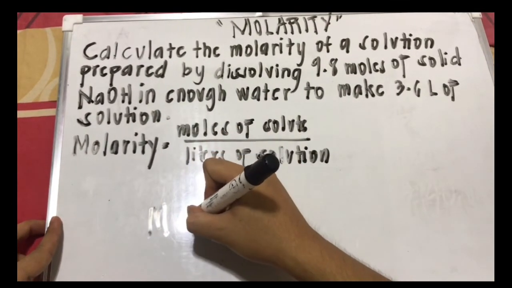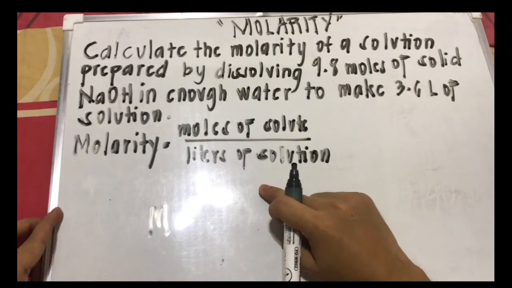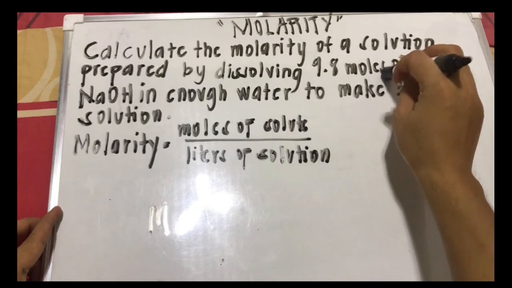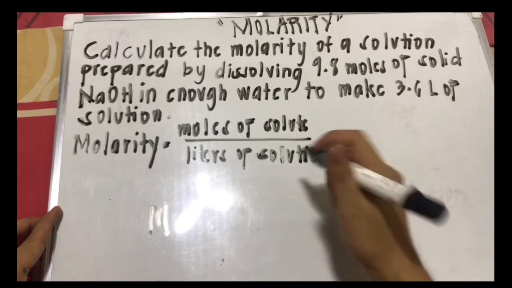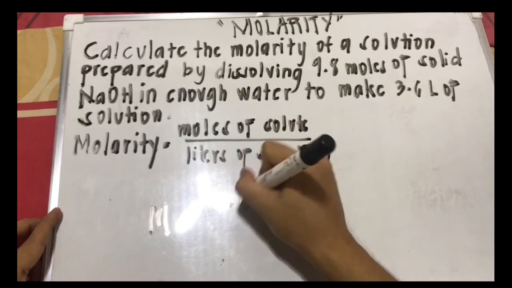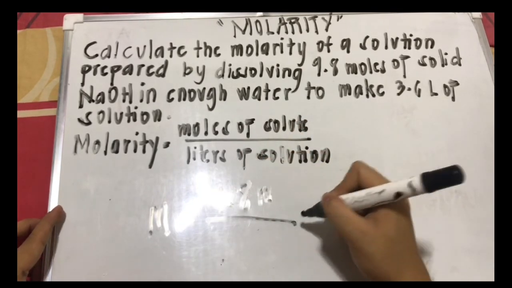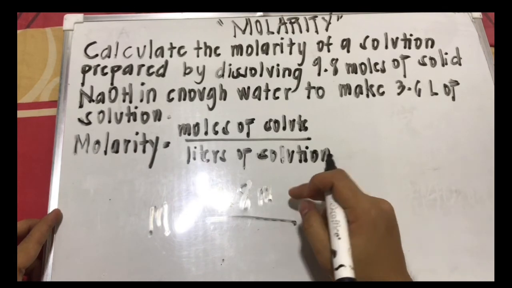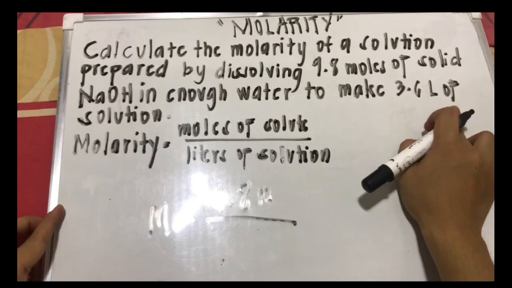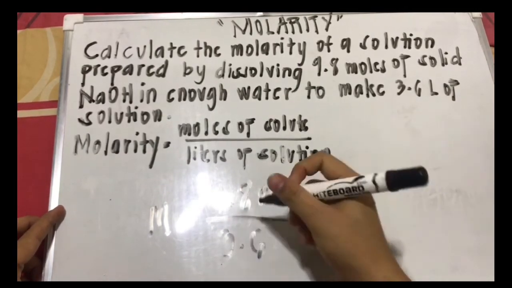equals moles of solute over liters of solution. The solute here is sodium hydroxide because it is getting dissolved in water, and we have 9.8 moles of solute over the liters of solution, which is 3.6 liters.